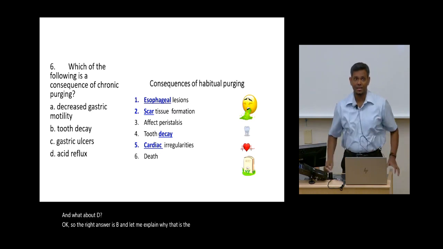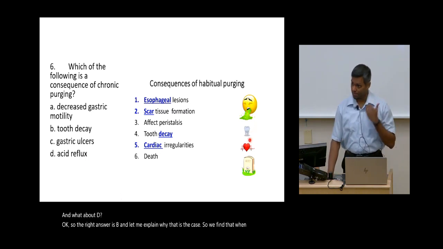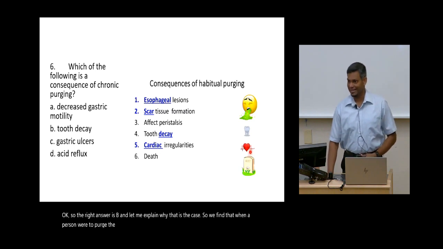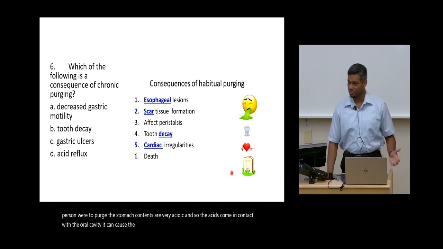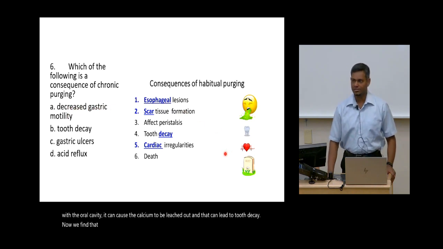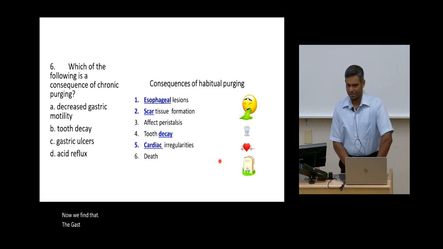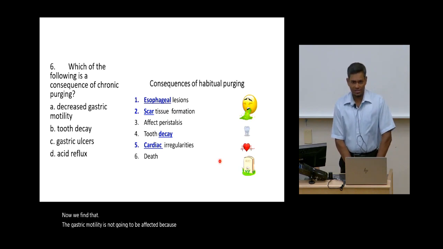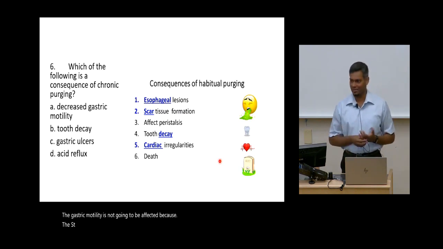When a person purges, the stomach contents are very acidic, and so when the acids come in contact with the oral cavity, it can cause the calcium to be leached out, and that can lead to tooth decay. Now the gastric motility is not going to be affected because the stomach is lined by the mucus, right?